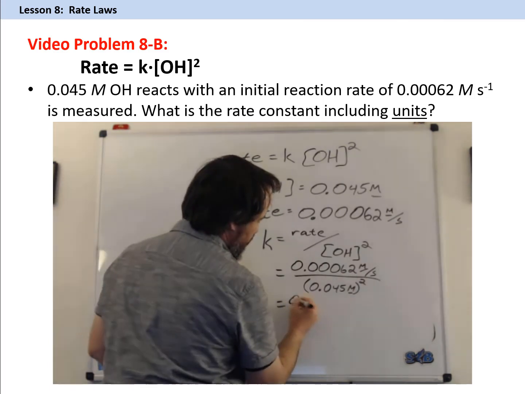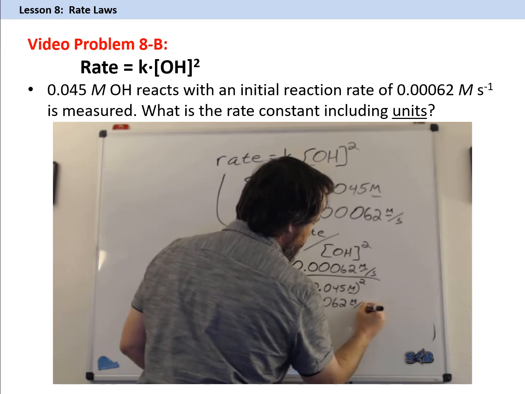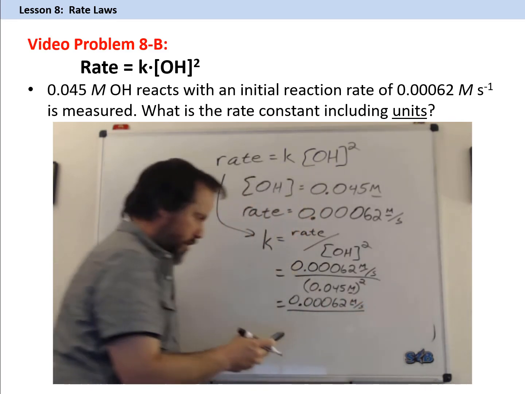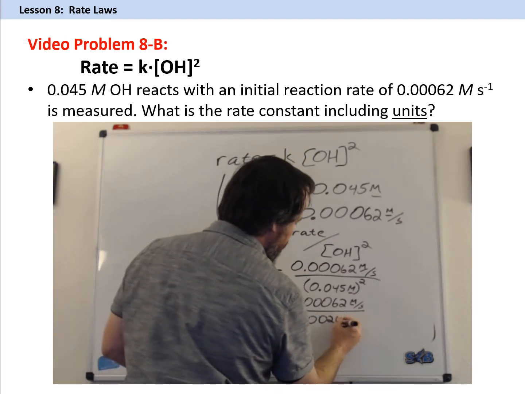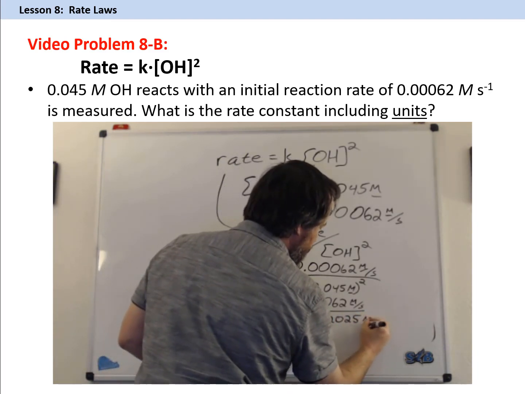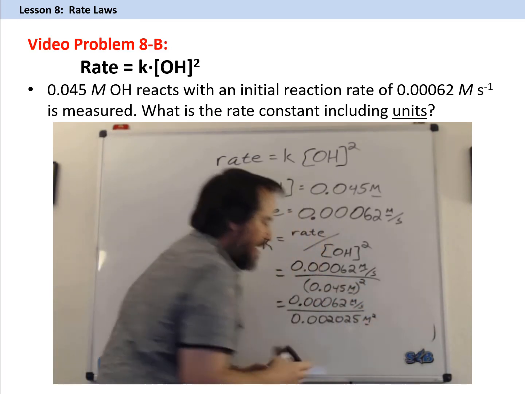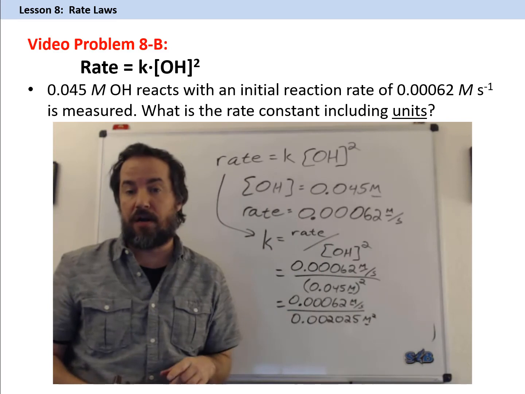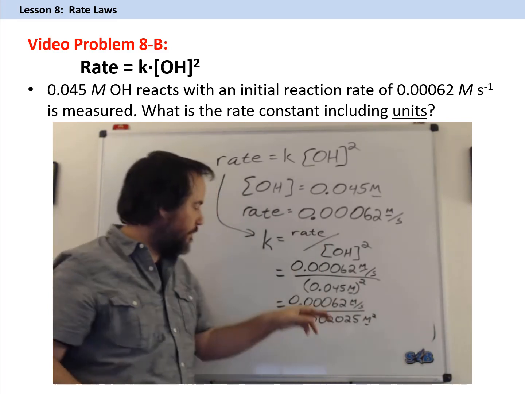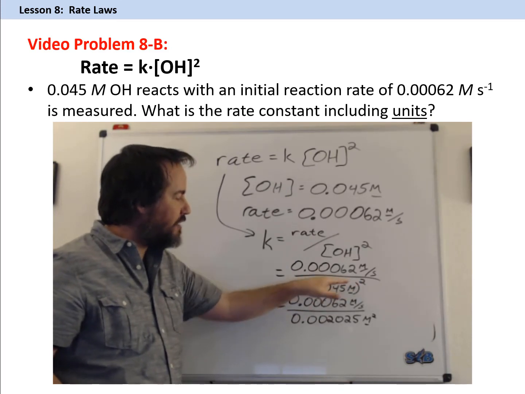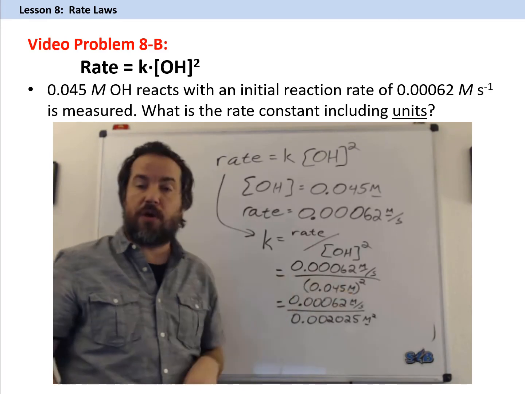This gets me 0.00062 molar per second over 0.002025. I have my molarity squared, so the units are also squared, right? This goes back to first lesson of Chem 215. If I square the number, I also square the units.